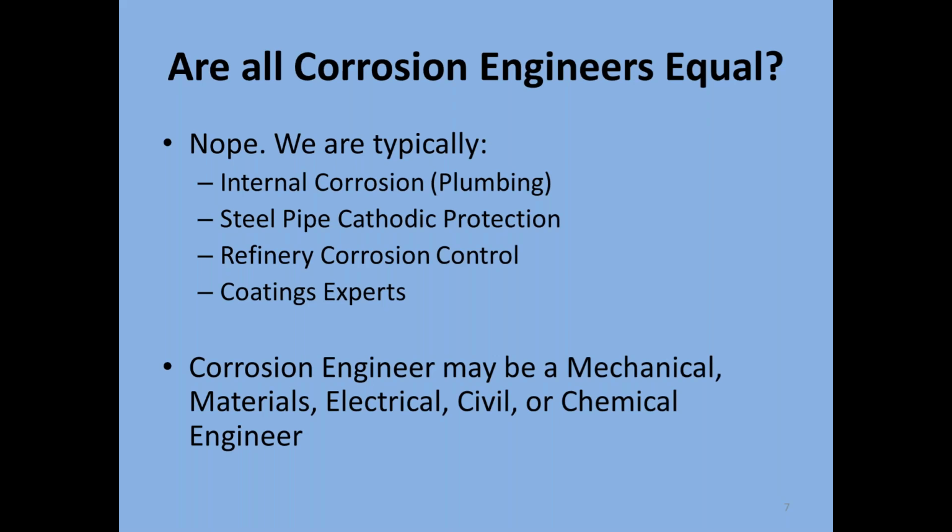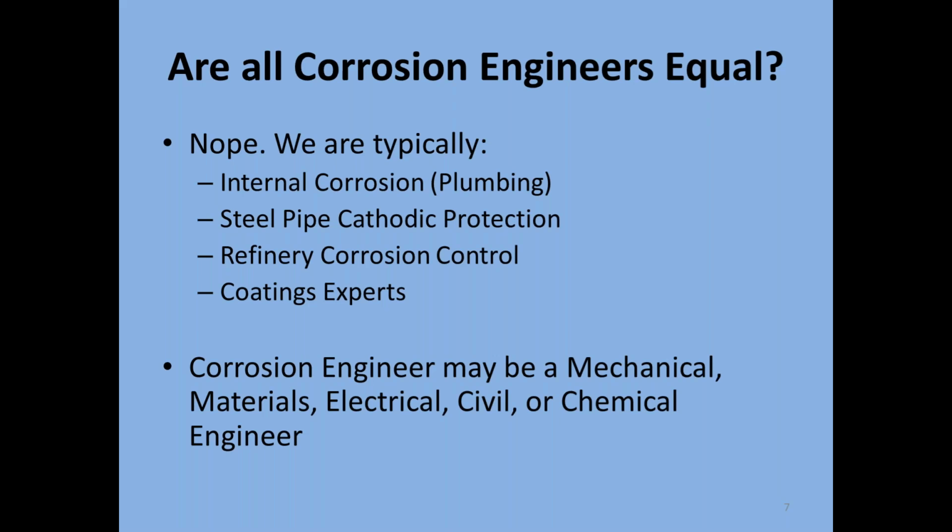Some work at refineries, so they're more familiar with internal corrosion of plumbing, or just refinery pipe work and things like that. Other corrosion engineers are coating experts. All they do is coat tanks and bridges, maybe, and they examine the coatings for defects or things like that.